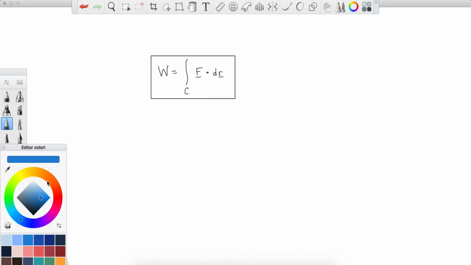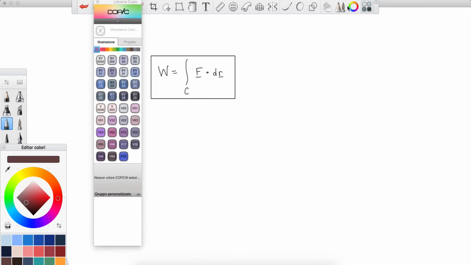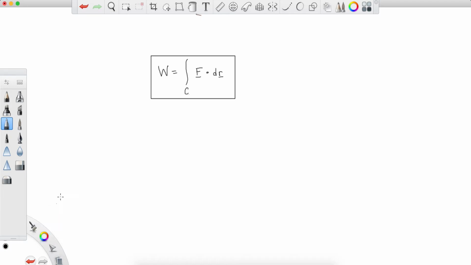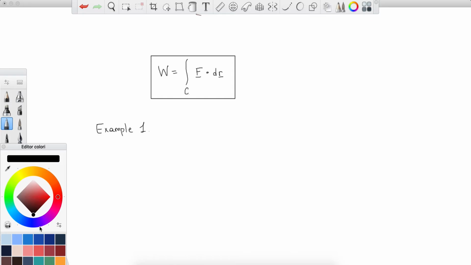Okay, so let's consider a general example. Example 1. Let's say that we know the force that is applied on a particle.